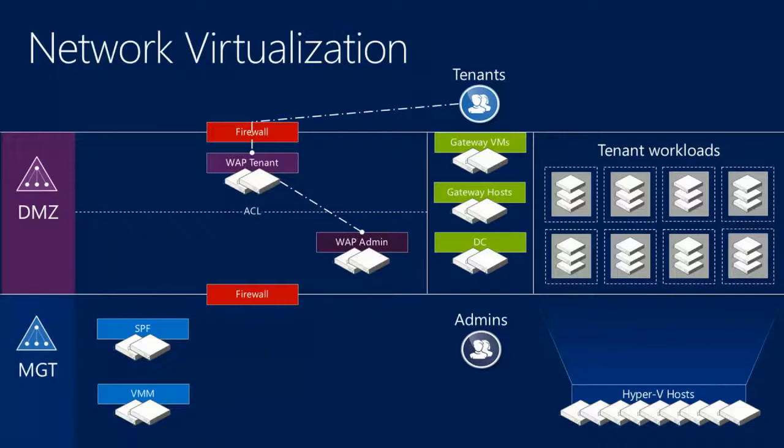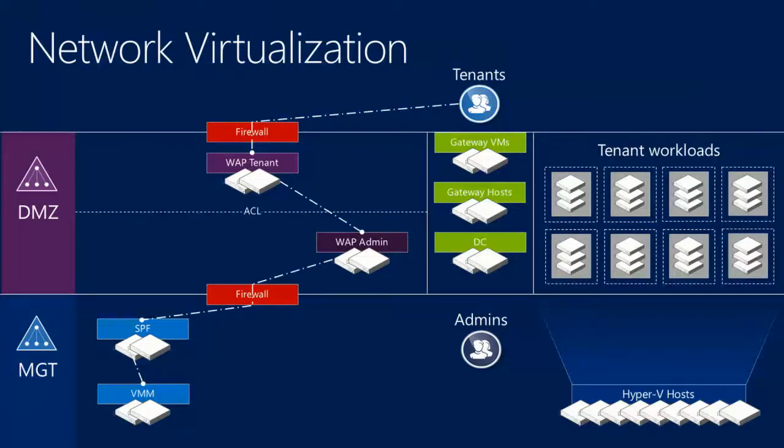What happens is when a tenant gives that command, and we'll see that in a second how that works, it's an action against the tenant API, which will then translate it to the admin API. The admin API will talk to SPF, like we saw on the previous slide. SPF will give PowerShell commands to VMM, and VMM is talking to the gateway.